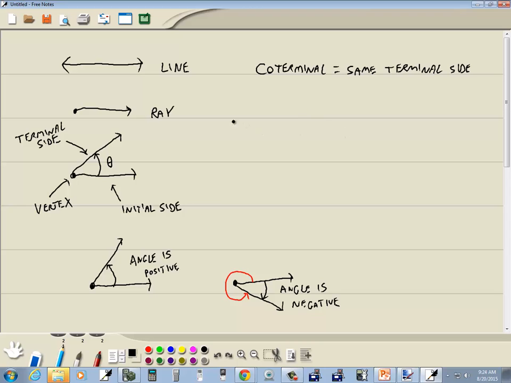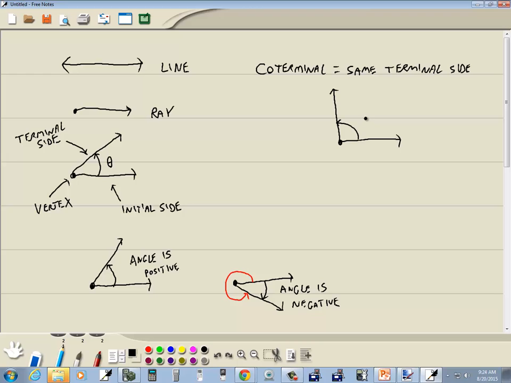Now if we start at our initial side, and oftentimes this is put on an XY coordinate system, but we'll talk about that later on. If I go halfway over, for like a straight line, you go halfway to right here.